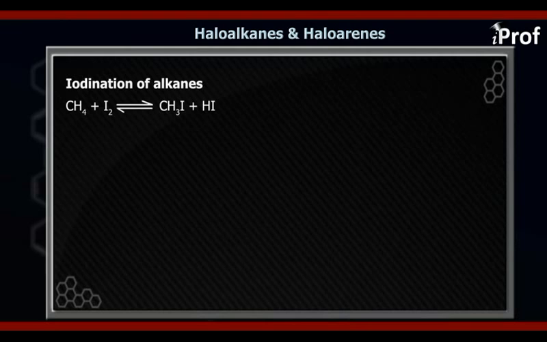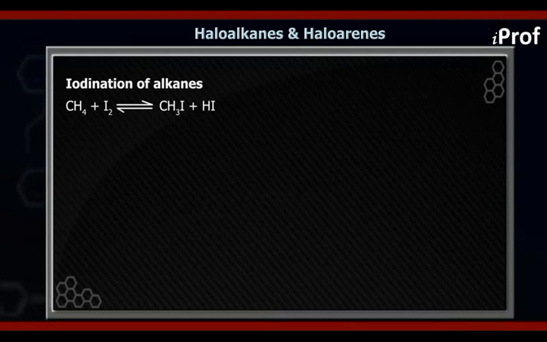But this reaction actually is reversible. Why is it reversible? We will see. Now if we want to drive this reaction in the forward direction, then what we need to do is remove HI as soon as it is formed. Now how can we remove this HI?